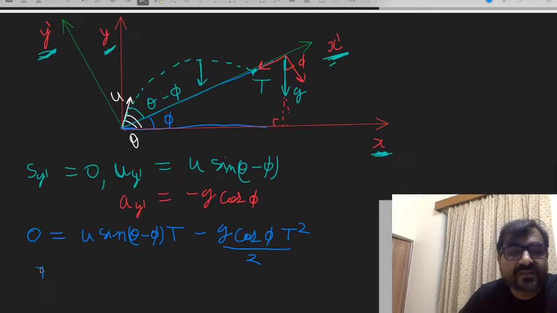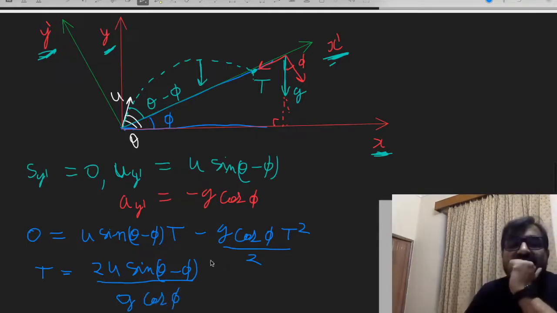Solve it. You will get t is equal to 2u sine theta minus phi upon g cos phi. This is the time of flight.